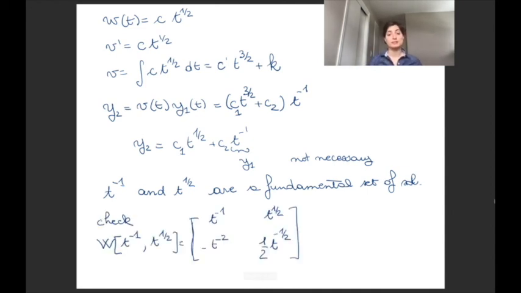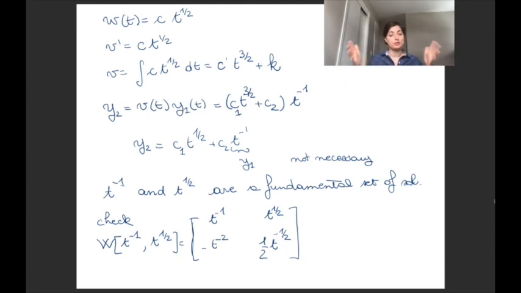We can check that this actually works by computing the Wronskian of t to the minus 1 and square root of t. In the first line of the matrix, we write t to the minus 1 and square root of t. And on the second line, we write the first derivatives: minus t to the minus 2 and 1/2 t to the minus 1/2.